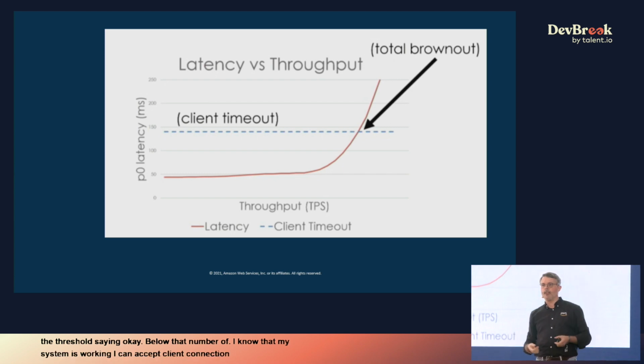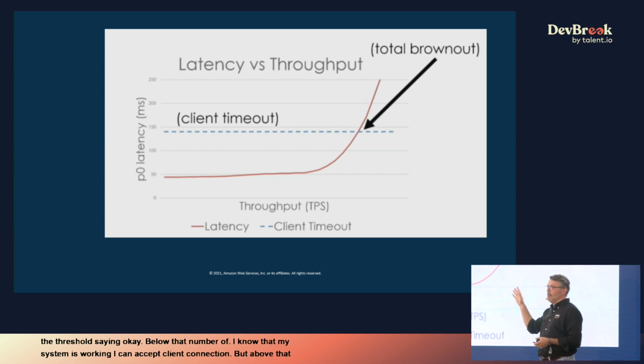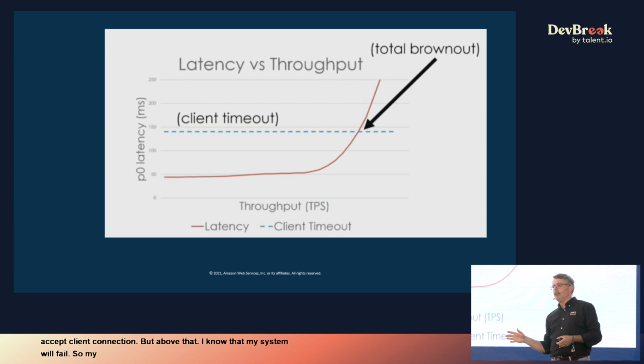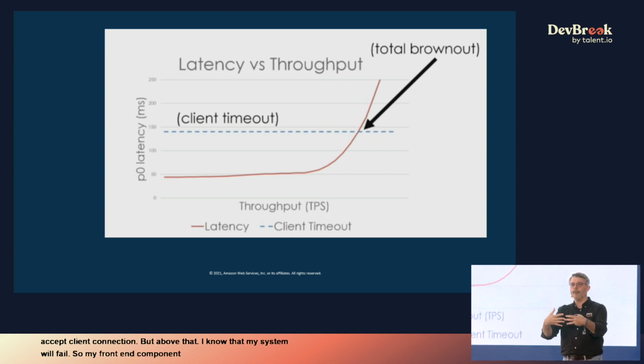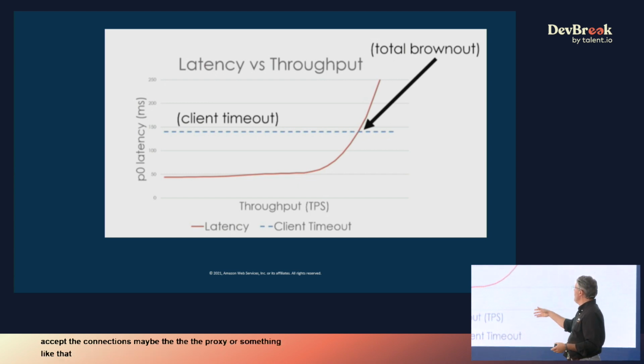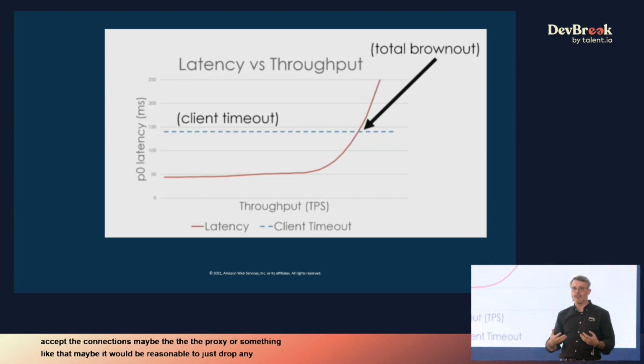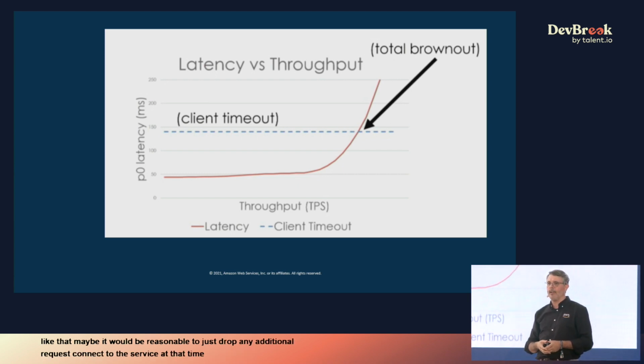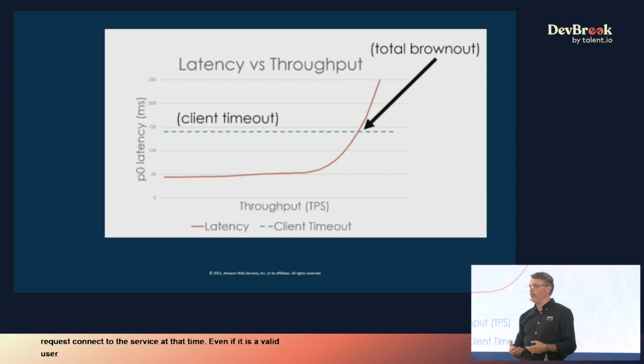I can accept client connections. But above that, I know that my system will fail. So my front-end component, the first component that accepts the connections, maybe a proxy or something like that, maybe it would be reasonable to just drop any additional request to connect to the service at that time, even if it is a valid user.